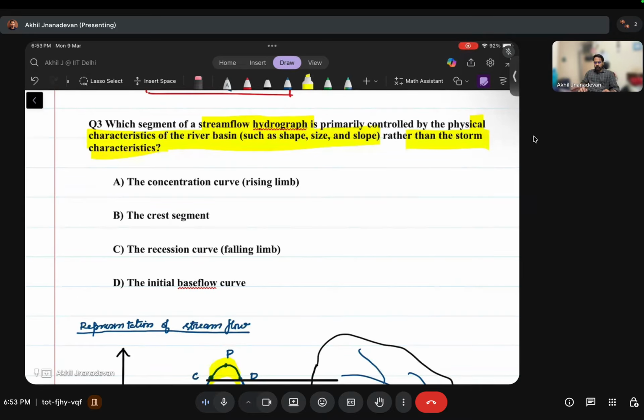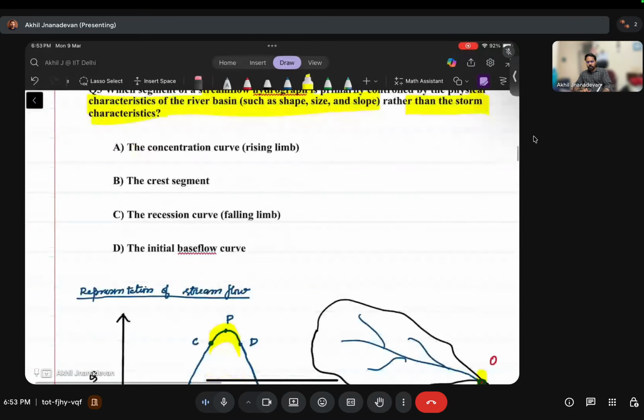The concentration curve or the rising curve. The rising curve is also called the concentration curve, but in it there will be the influence of both the storm and the catchment properties, right? For a different catchment, if it is a broad catchment, it will be different. If it is a narrow shaped catchment, it will be different.